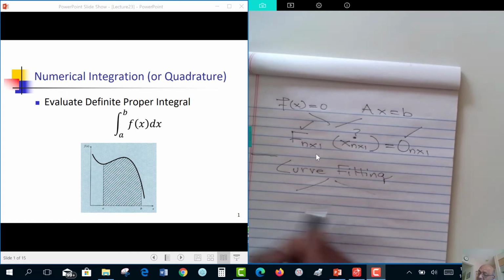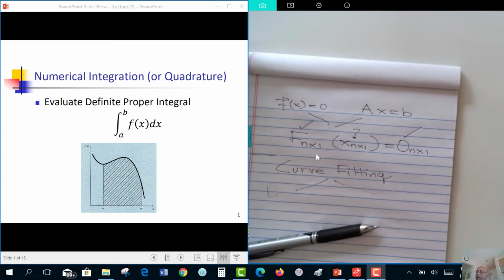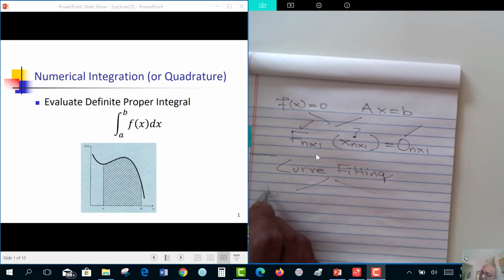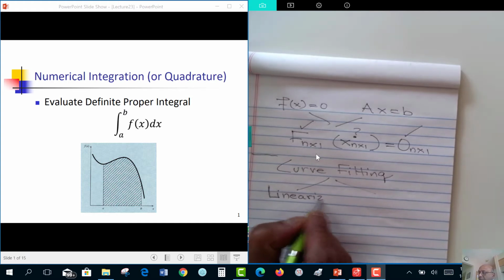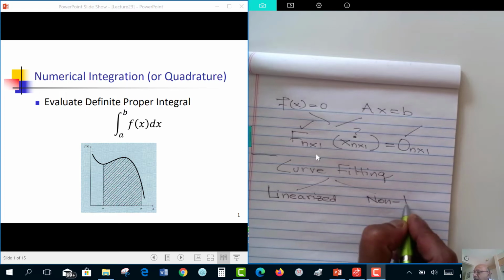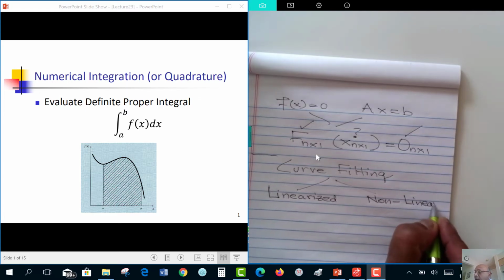And we learned both how to fit a linearized curve as well as how to fit some special nonlinear curves.